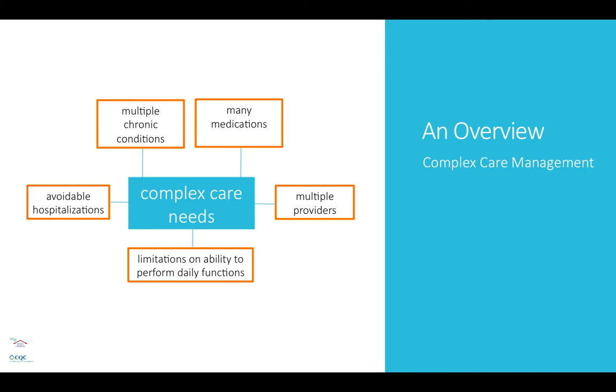In addition to their physical conditions, such as congestive heart failure or diabetes, complex patients may have low health literacy, mental illness, substance abuse, homelessness or precarious housing, inadequate nutrition, or live below poverty level.